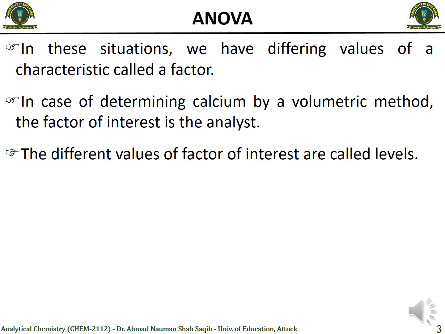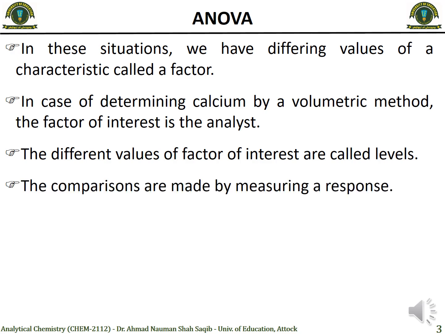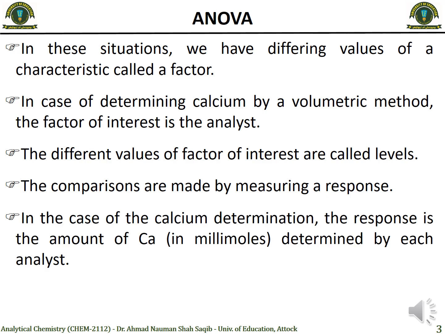The third important parameter is the response, which is what we are going to measure by using these different factors and different levels. In the case of calcium, the amount of calcium is the response.